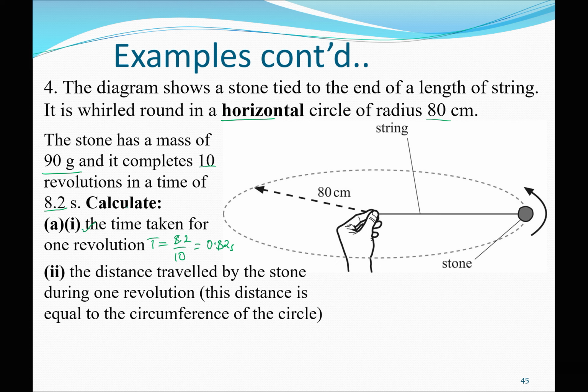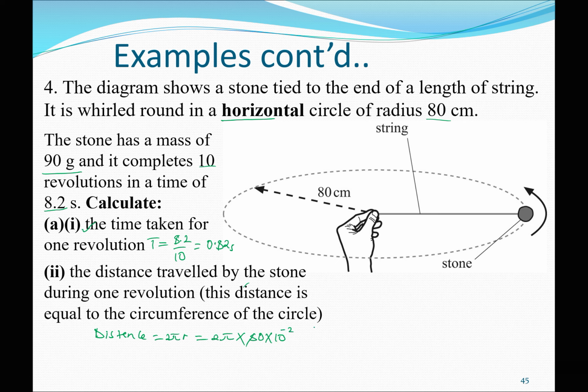Then calculate the distance traveled by the stone during one revolution. This distance is equal to the circumference of the circle, so we shall just substitute it here. The distance for one revolution is 2 pi times r, which is 2 pi times 80 times 10 to the power of minus 2.